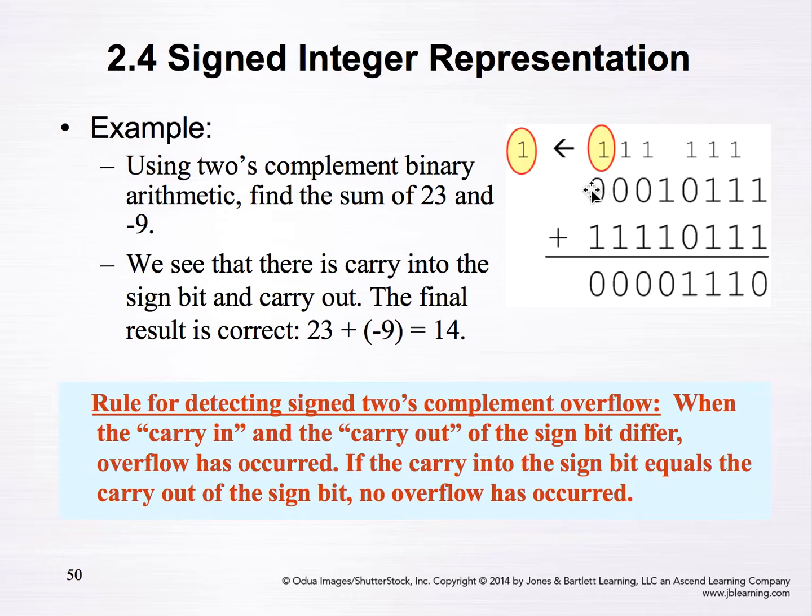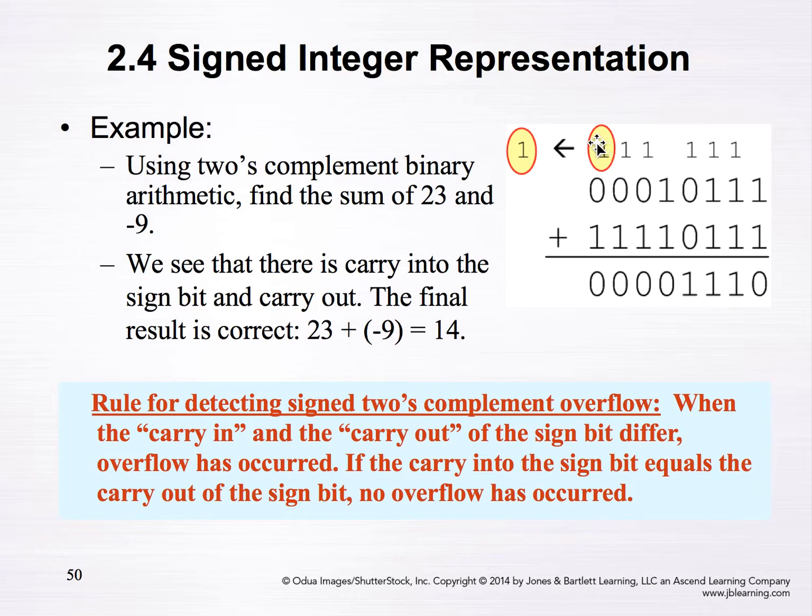That's a positive number, so it's the same as the binary string of 23. For -9, first we find the one's complement of the representation of 9, and then we add 1. So this is -9 in two's complement representation. To find the sum, we just add them together. 1 plus 1 is 0, write down 0 and carry 1, and so on.